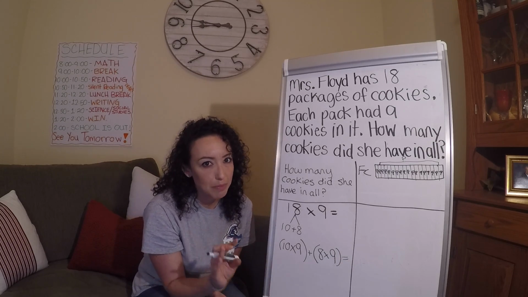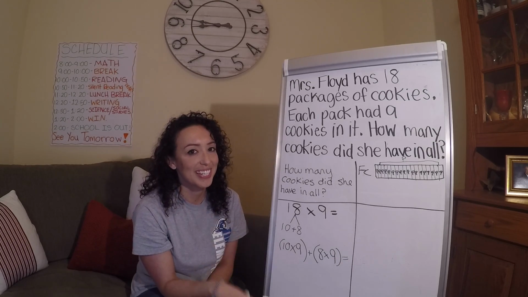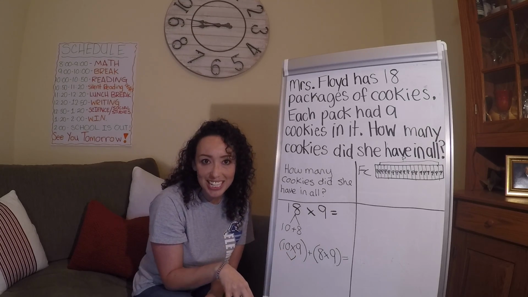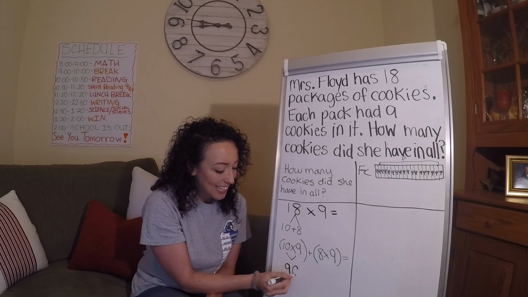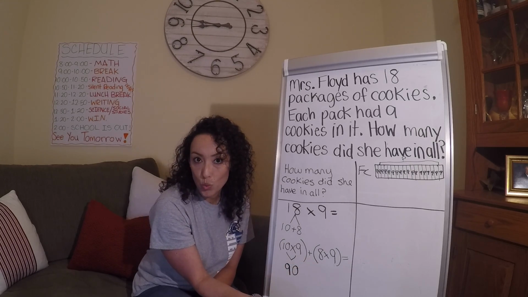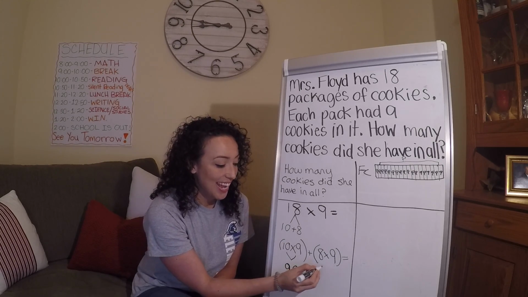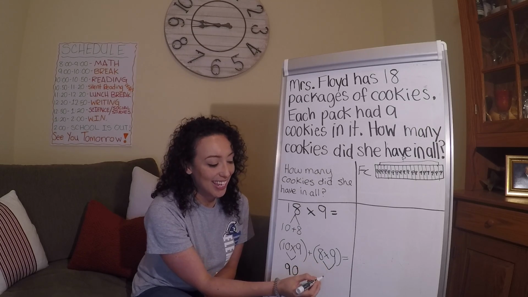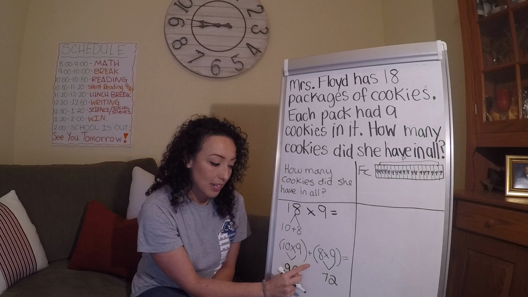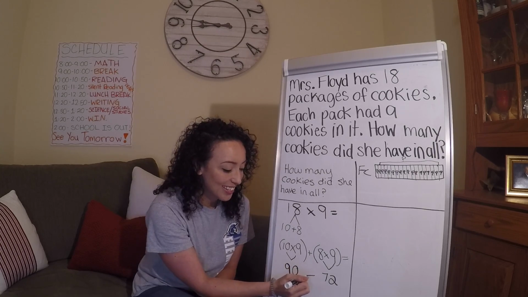So if you need to, pause me at any time, solve it, and then come back and see if you got it right. So here, 10 times 9. Easy, right? 90. 8 times 9. That's a good one. 8 times 9, you know it? 72. Bring this plus sign all the way back down.